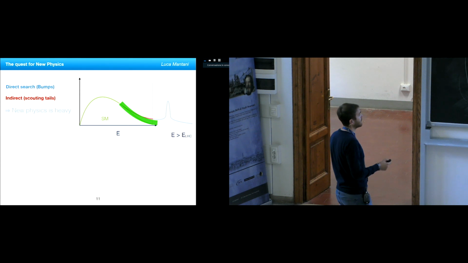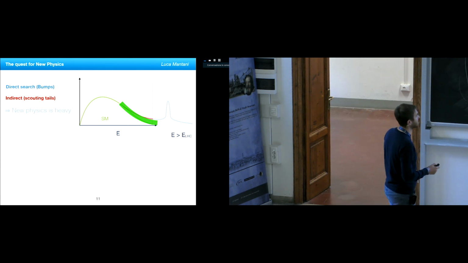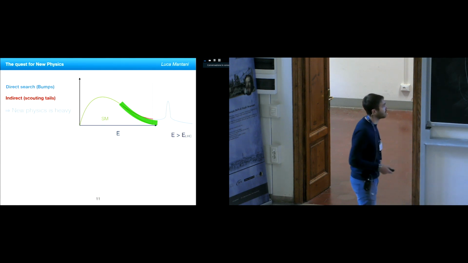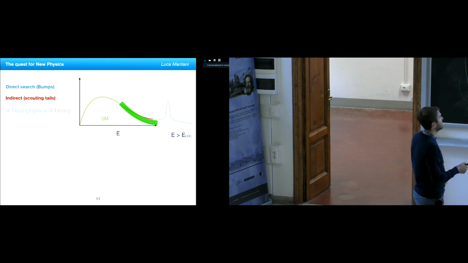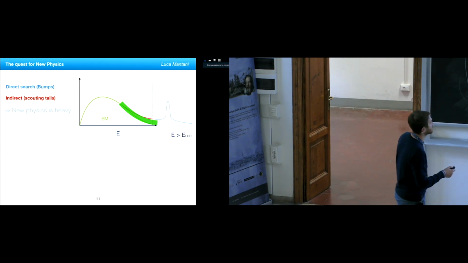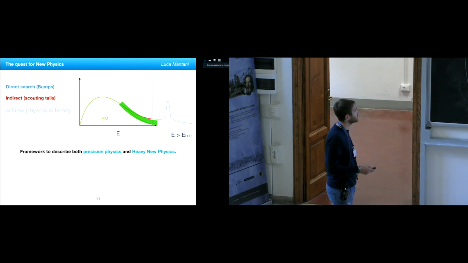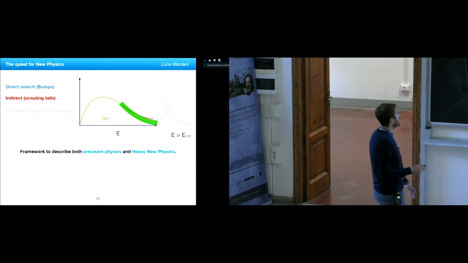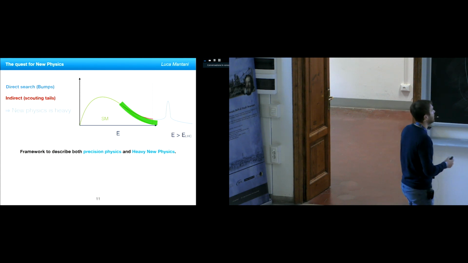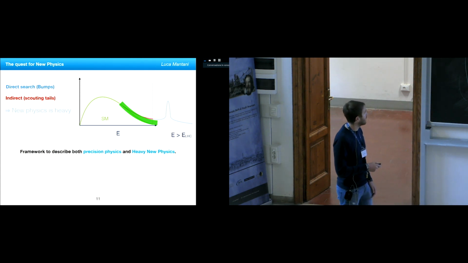Notice that it's very important to have precise predictions for the standard model to distinguish these two curves. Otherwise, there is no way that you can distinguish the two curves. While this would not be the case if we are dealing with direct searches where bumps are more difficult to miss. Okay, so this is the situation we want to look at in particular.